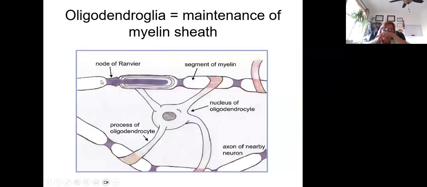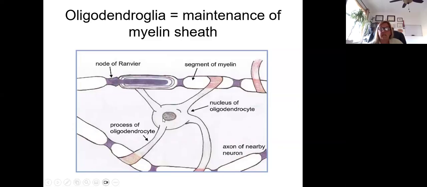So, if we look at the myelin sheath, here's myelin. Each one of these is a segment of myelin. In between the two is what's called the node of Ranvier.